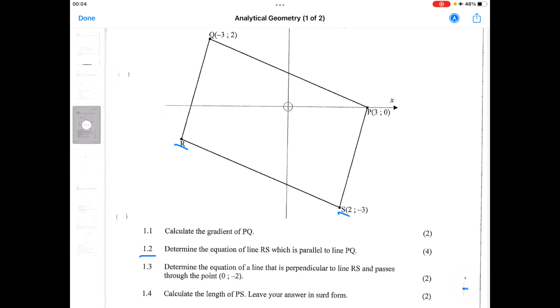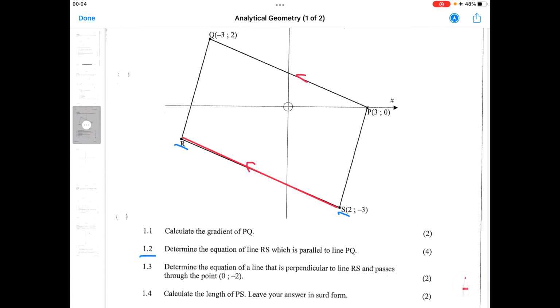Very, very much important. Don't get confused. They are talking about a line RS. So from R to S, this is the line that you need to determine. And they're saying that line is parallel to that line.